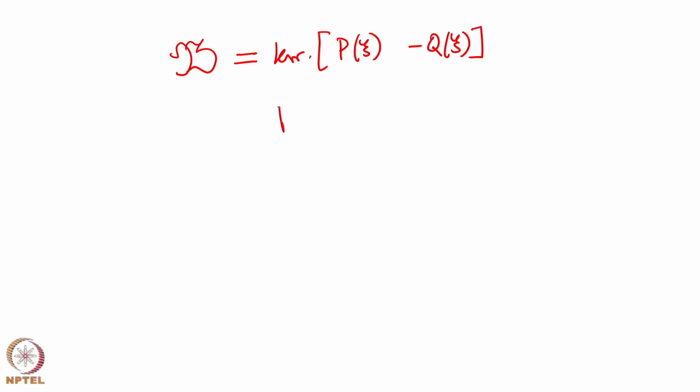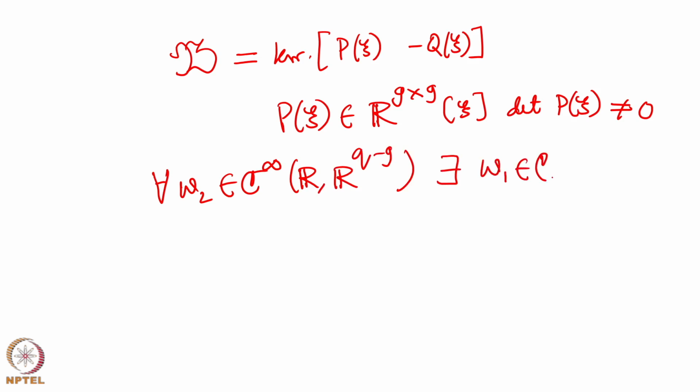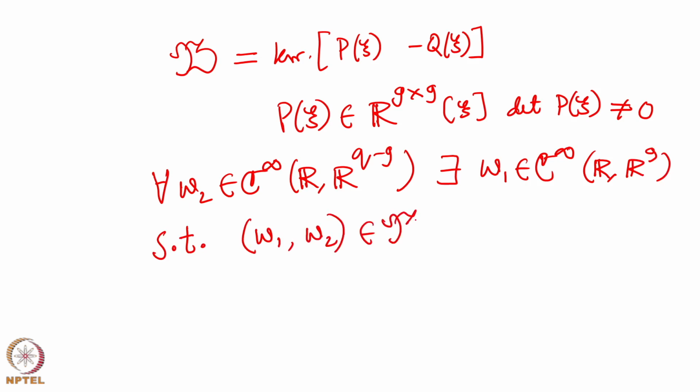In this case also, when we have B given by the kernel of p xi minus q xi, where p xi is a G cross G matrix with non-zero determinant, then we know that we can look at this transfer function matrix business, and it follows that for all W2 in C infinity there exists a W1 which is C infinity such that W1, W2 together satisfy the equations of the system.